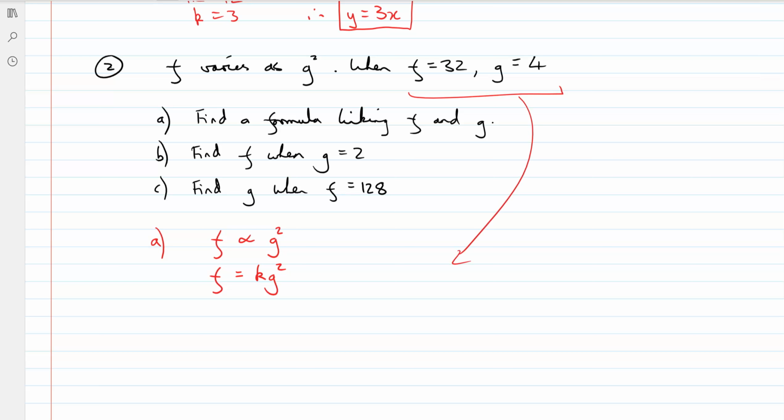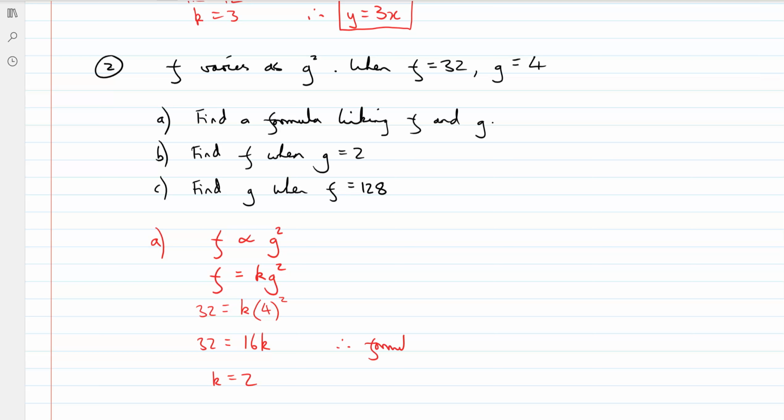So when f is 32, g is 4, so 4 squared, following BIDMAS, so we square the 4 before we times by k. 4 squared is 16, so this will be 16k, divide by 16, so we get k equals 2. And therefore our formula linking f and g is going to be f equals, and k is now 2, so we can put 2 in there, so it's 2g squared.